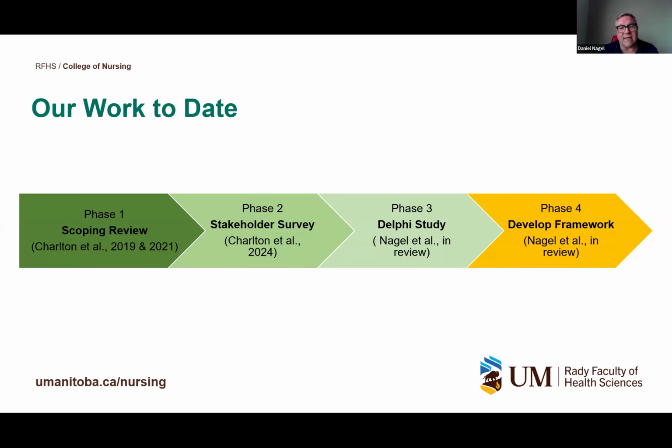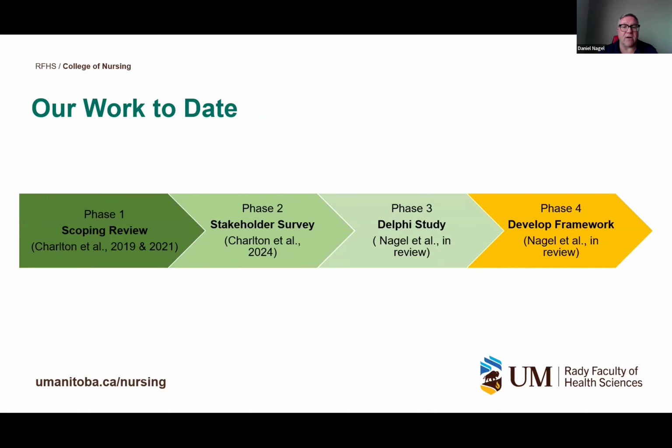So we did a Delphi study with, I believe it was 8 people completely finished the study and started to get some ideas around what was necessary for a conceptual definition of environmental scan in the context of health services delivery research, but then also what would be important to see in a methodological framework.